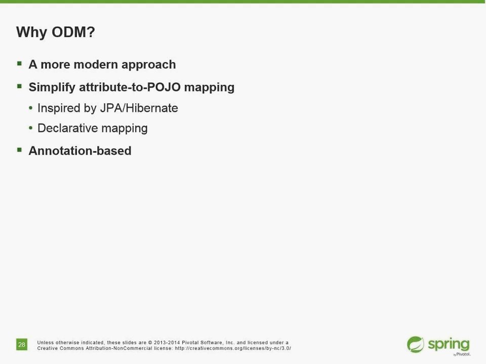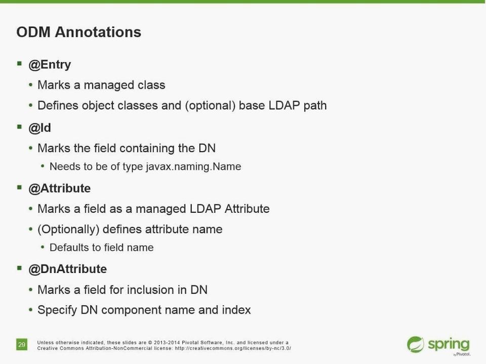So this was actually included in Spring LDAP 1.x, but it's now moved into the core of Spring LDAP. So the annotations that you need to use, first of all, you need to annotate your class with @Entry. That marks this class as a managed class of ODM.